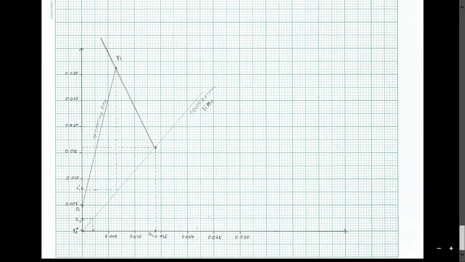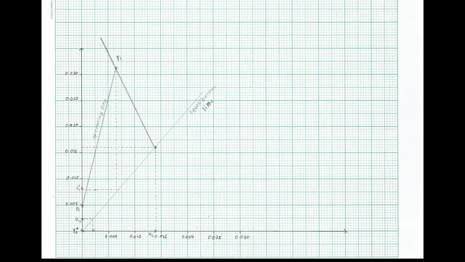To find this line, we need to locate point 1, and right now we have x2, y2, so we can locate point 2. We have x1, y1, so we can locate point 1, and with x2, y2, we can locate point 2. We have two coordinates to develop the operating line.